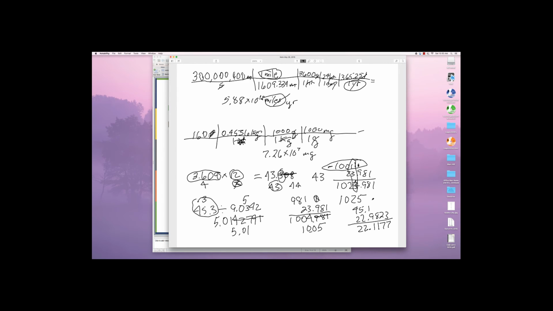Again, your uncertainty begins right here, so you need to get rid of this. This is less than 5, so the answer is 22.1 in the proper number of significant digits.